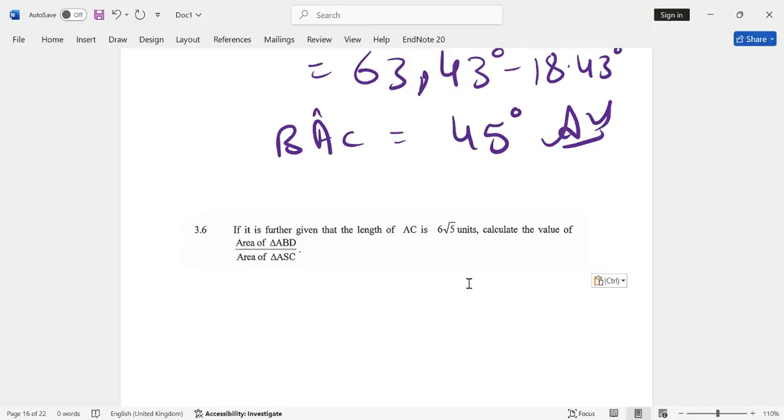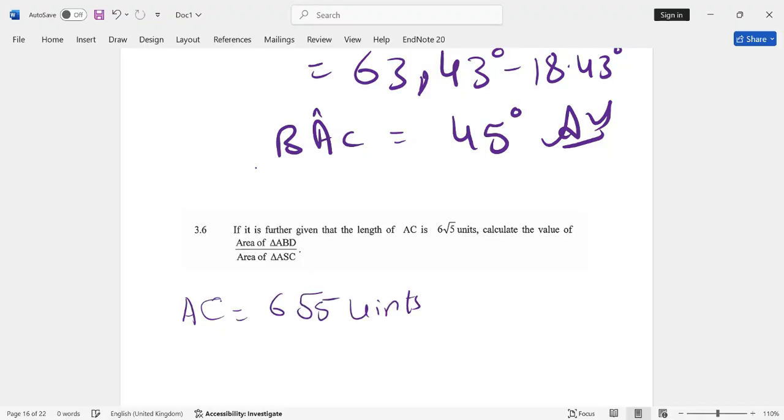As you know, they give the length of AC, which is 6 square root of 5 units.